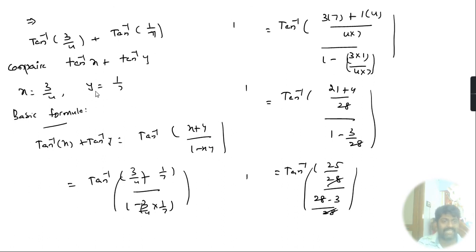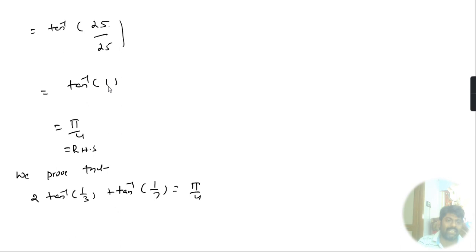We substitute that x and y in that formula and we simplify. We get that tan inverse of 1. The 1 in tan inverse is 45 degrees. That is nothing but pi by 4. So therefore, it is equal to RHS. Finally, we prove that 2 tan inverse of 1 by 3 plus tan inverse of 1 by 7 is equal to pi by 4.